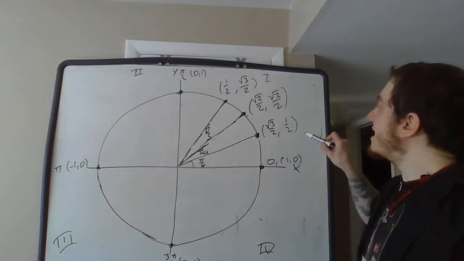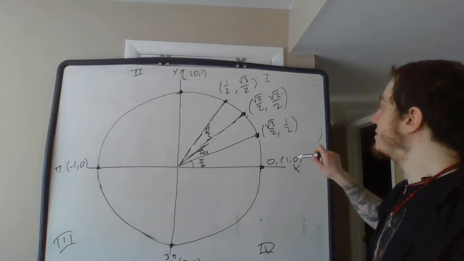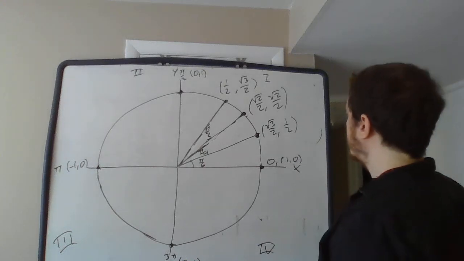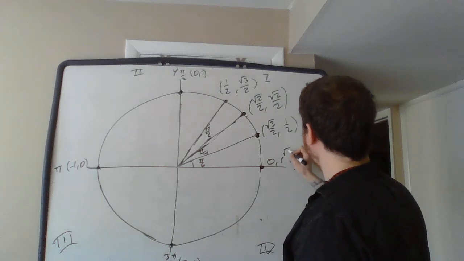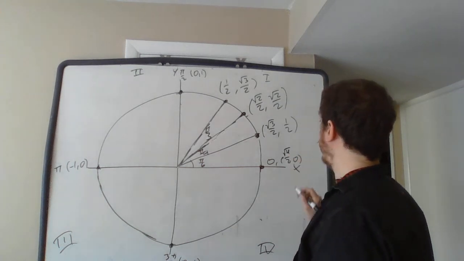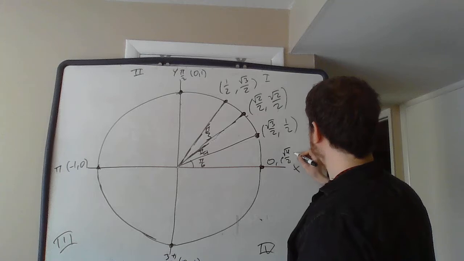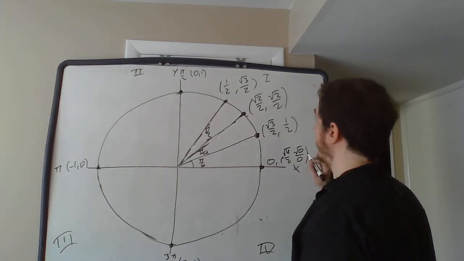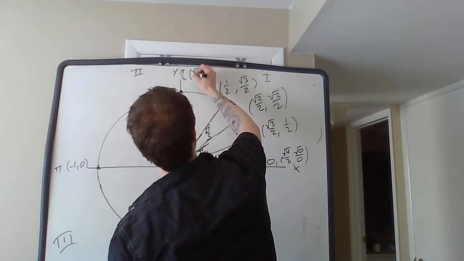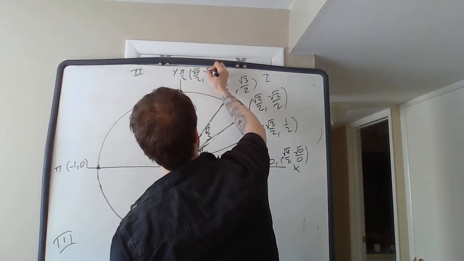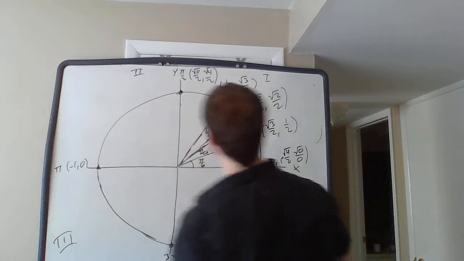Now, there is a nice pattern here that is going on. If you notice, another way of writing this would be that the coordinate is the square root of 4 over 2 and the square root of 0 over 2. And this coordinate is really the same thing as the square root of 0 over 2 and the square root of 4 over 2.